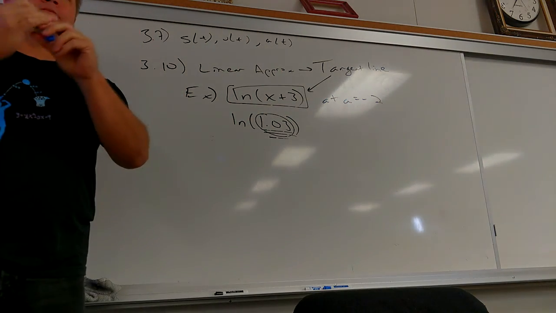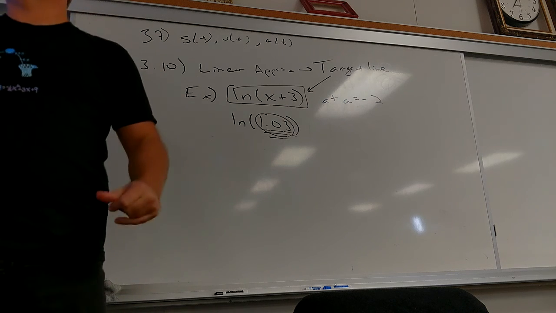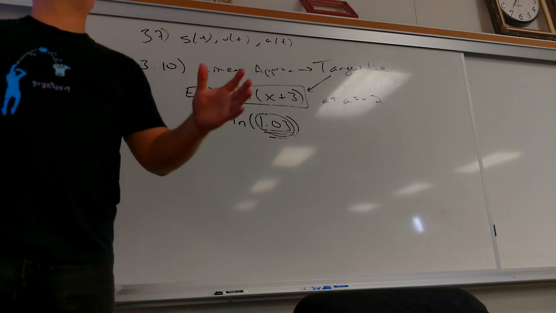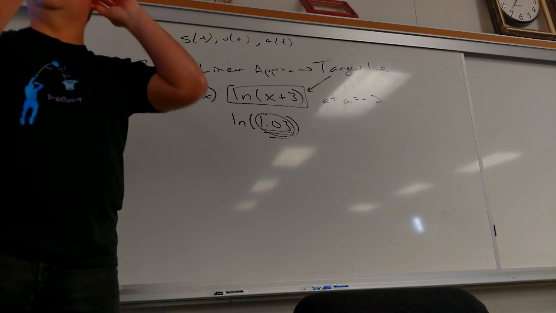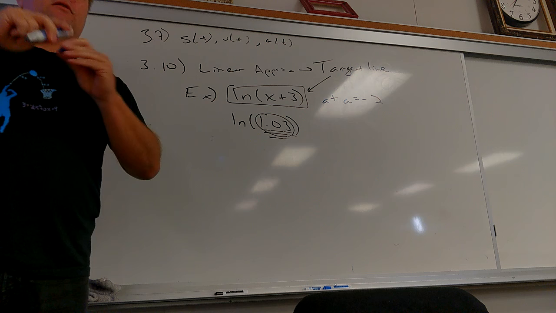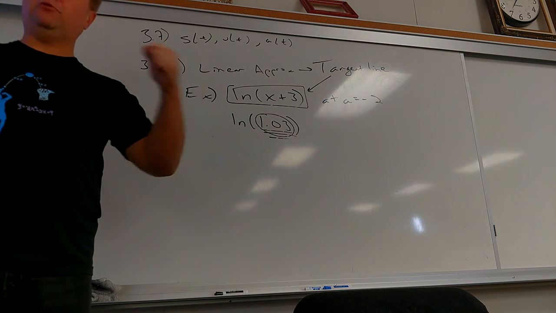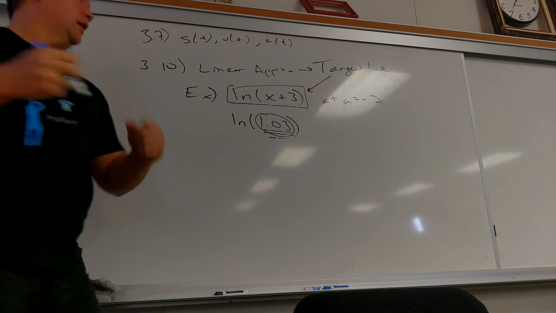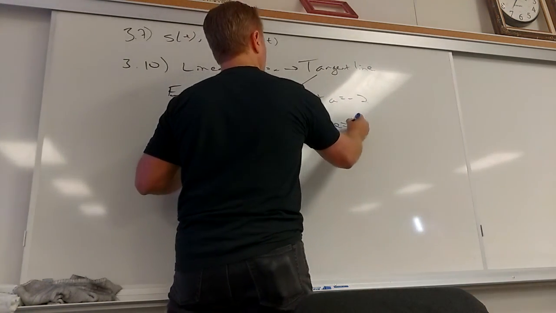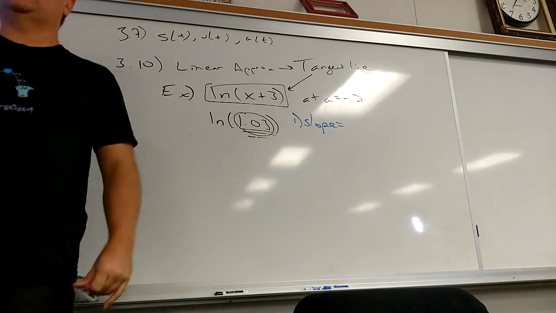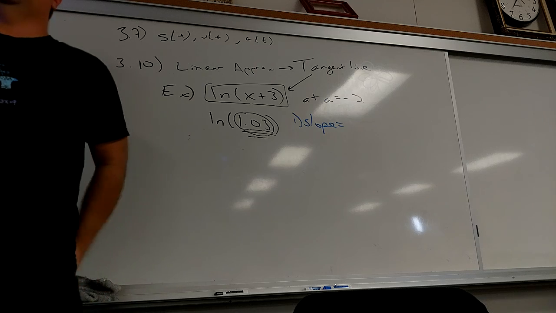I need two things. What do I need for the equation of any line? Slope and one point, right? Because if I didn't know calculus, I might need two points to figure out the slope, but we know calculus, right? So how do I get the slope? Derivative. All right.